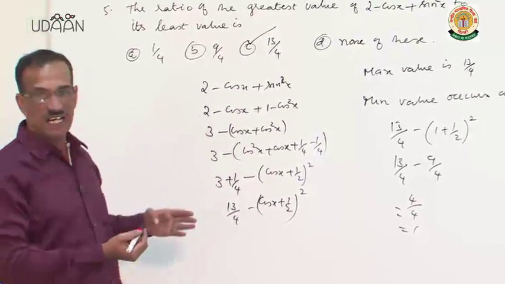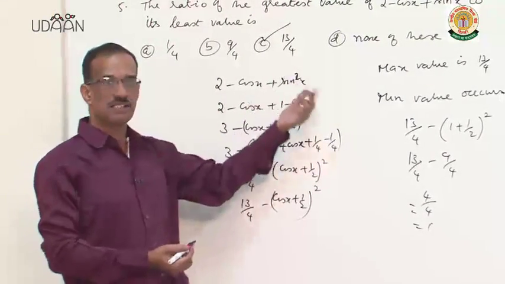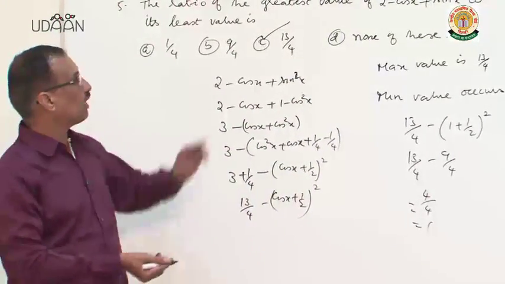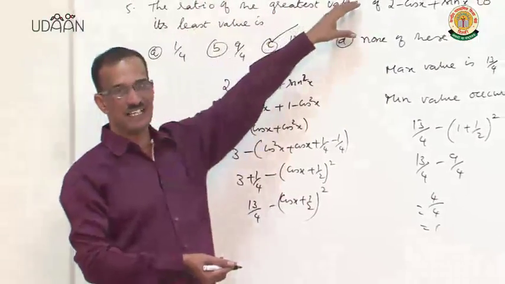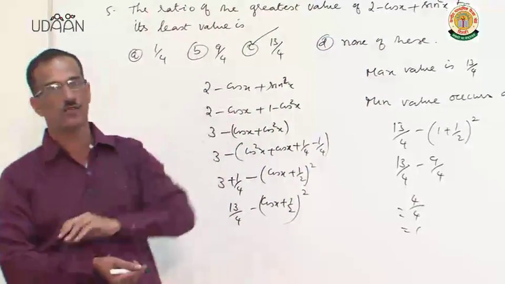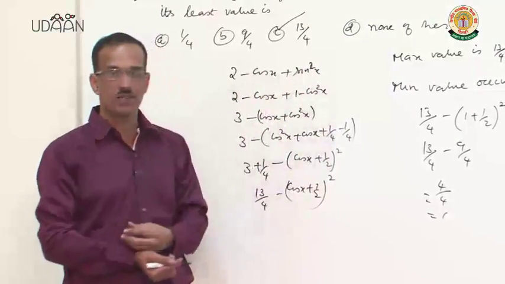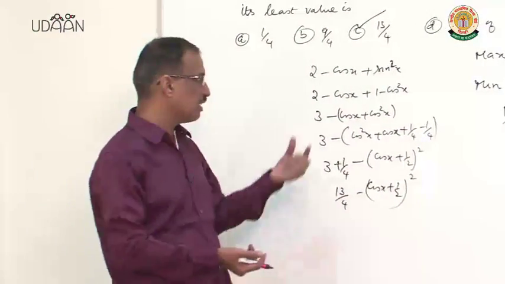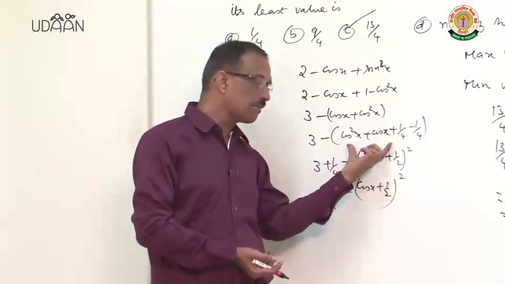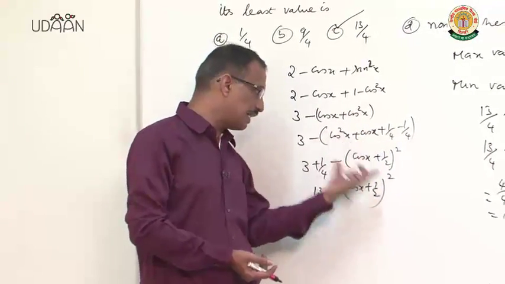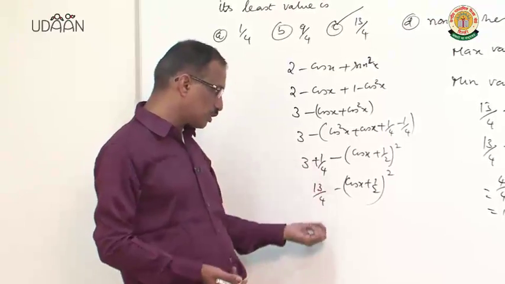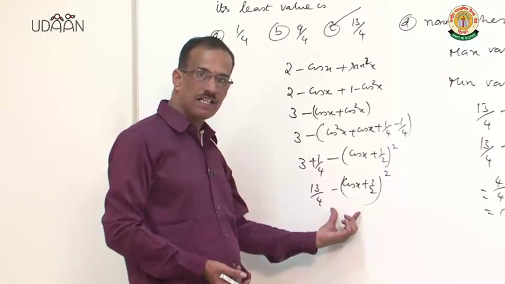So what we have done, 2 minus cos x plus sin square x we are given. What we have to find out? The ratio of the greatest value to the least value. So in that case, you have changed the sin square x into 1 minus cos square x, and you have completed the square, and then we have discussed the maximum value.